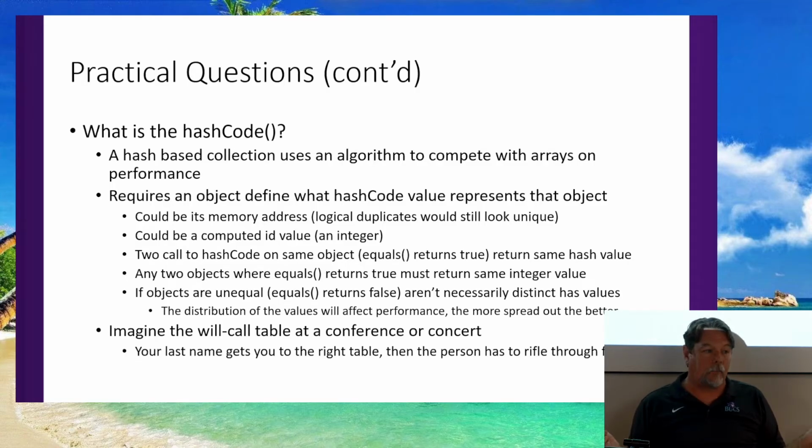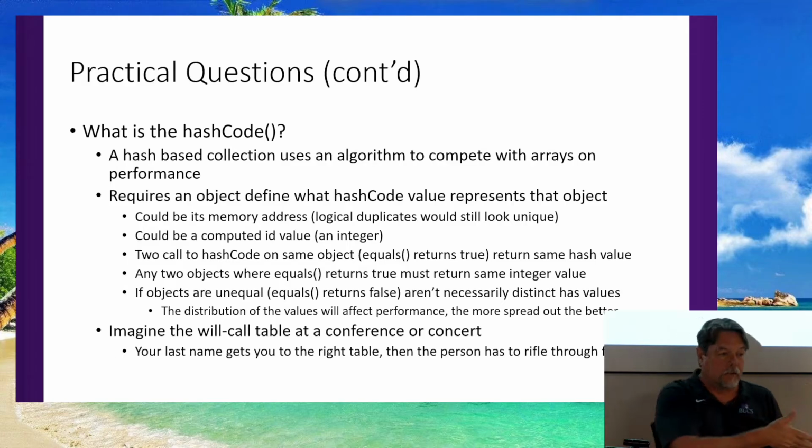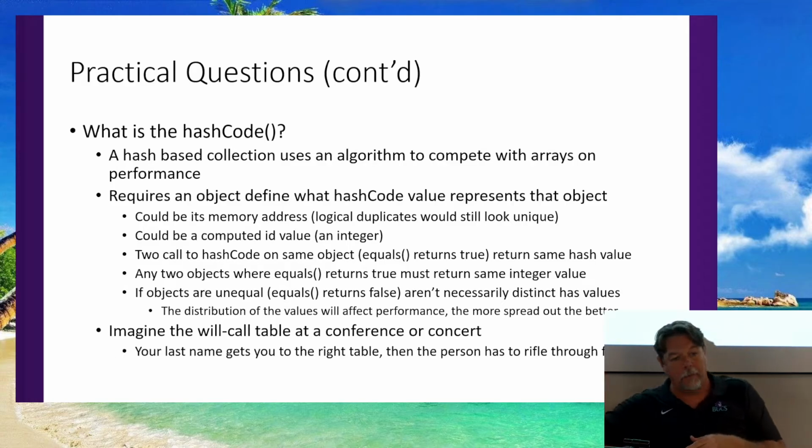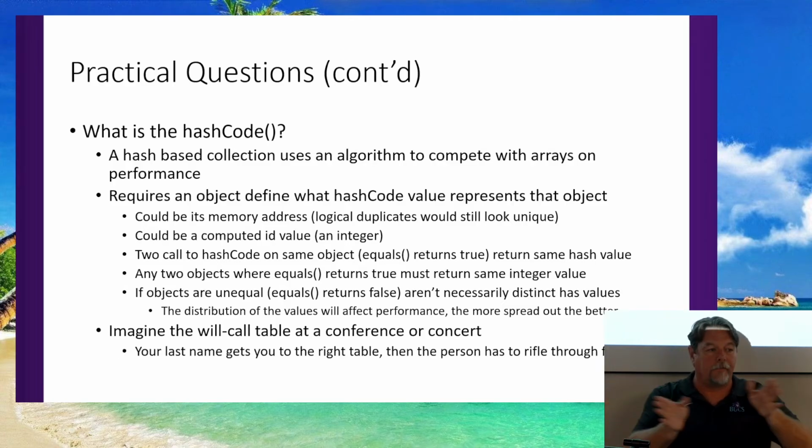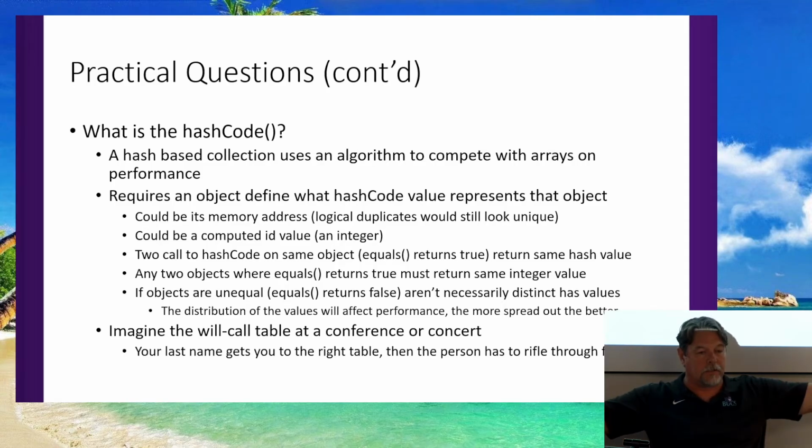Because there's a lot more B's, let's say, than there are names that start with an X, right? So the person sitting down there at the X table is going to be asleep because nobody ever comes to their table. We want some algorithm that, no matter what value I give it, distributes them consistently, deterministically, quickly, and evenly across the whole range of hash codes.